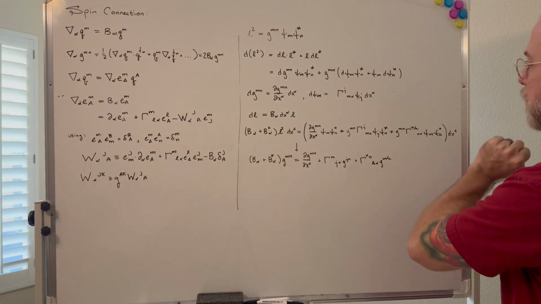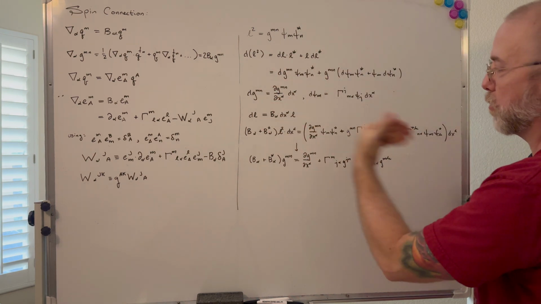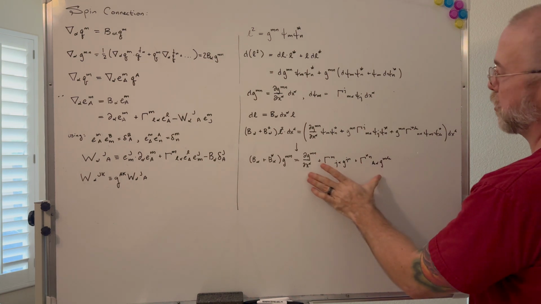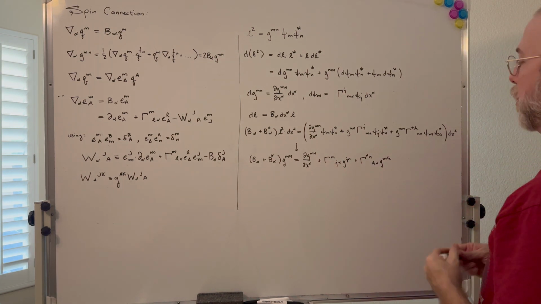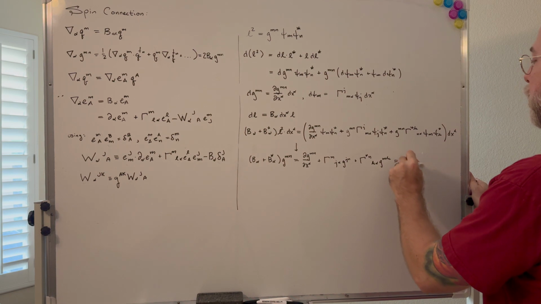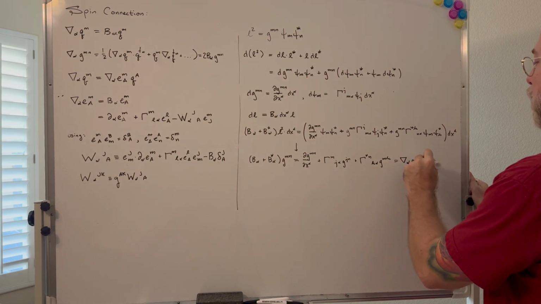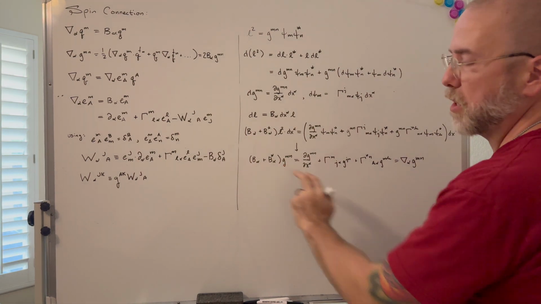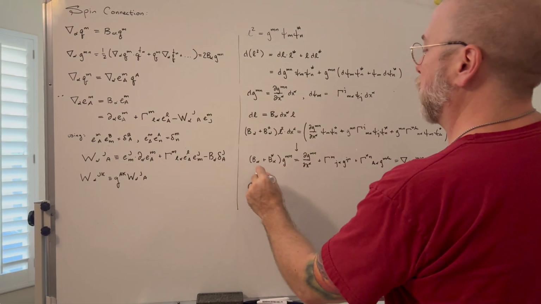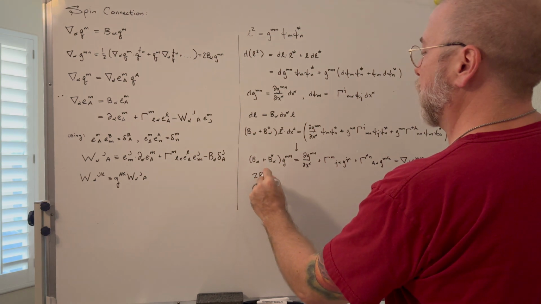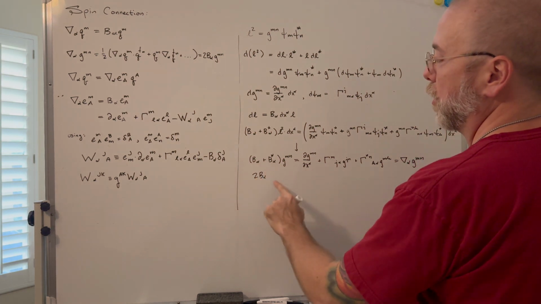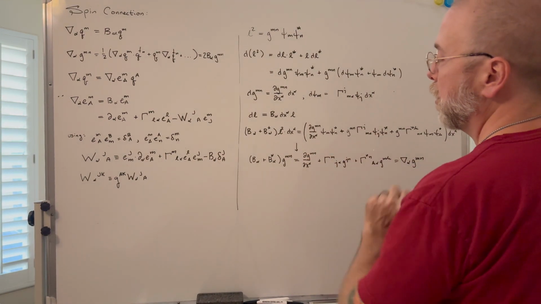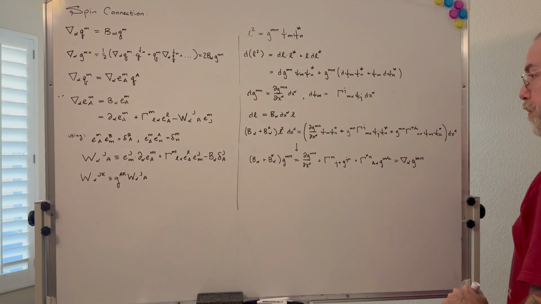Plugging all of that back into our equation, we finally end up with an equation relating this, which would normally be considered the covariant derivative of the metric, and that equals this. If it were regular space-time, you would have 2b alpha here if alpha were a real-only vector, but in this case it's actually got complex values in it, so this combines into that.